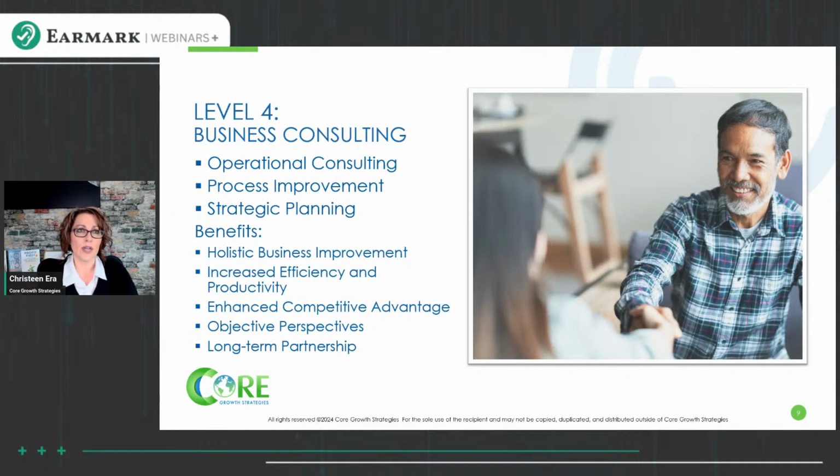So, in providing business consulting, some of the things you can do is boost efficiency, productivity, and profitability in a business. What you're doing is looking at the numbers and the operations, bringing those together and fixing those gaps or advising on those gaps. There's also streamlining operations and cutting costs.